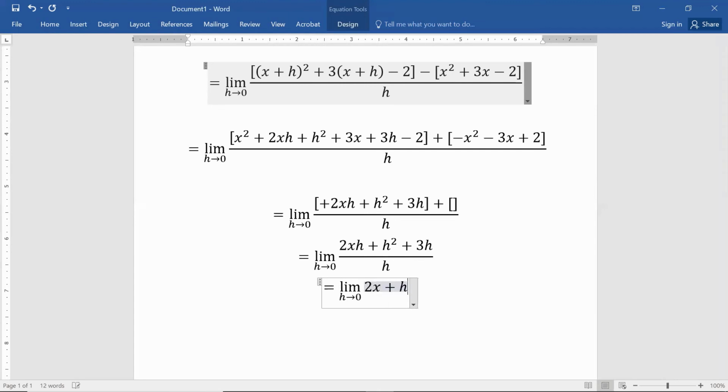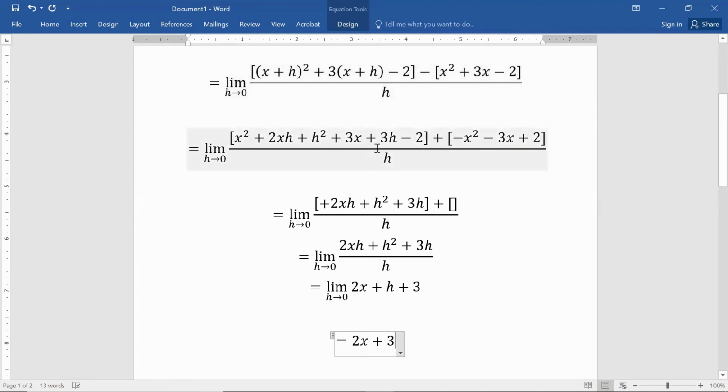So what we can do is take that expression and divide each term in the numerator by h. I will end up with 2x plus h plus 3. Then I can finally plug in h of 0 because I don't have h in my denominator anymore. And so if you plug in an h of 0, you end up with 2x plus 3.